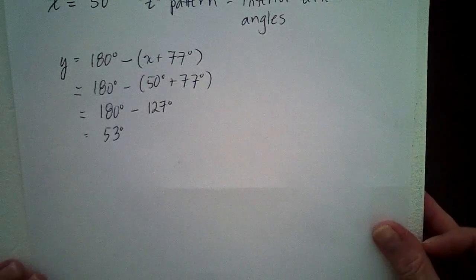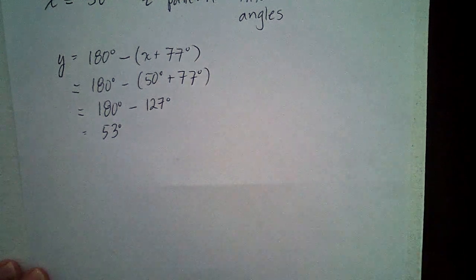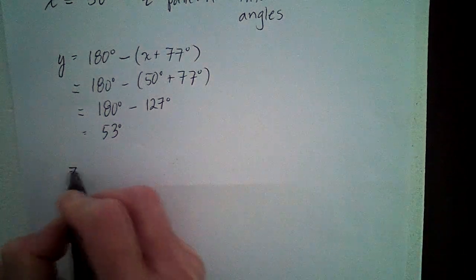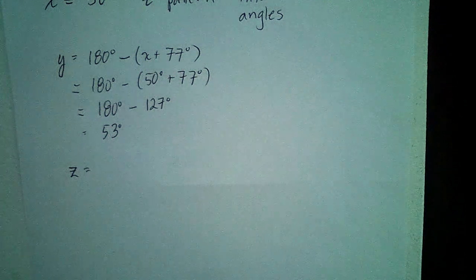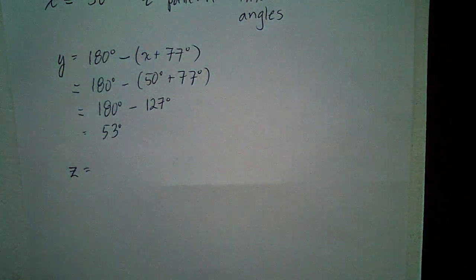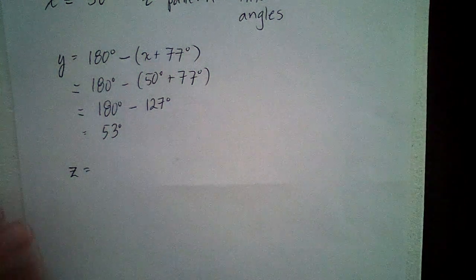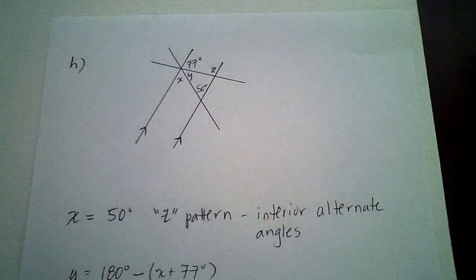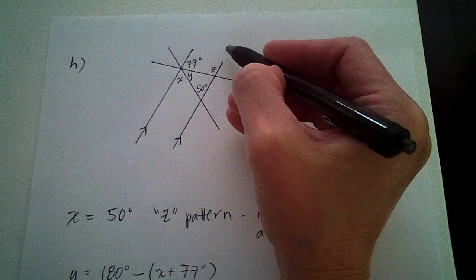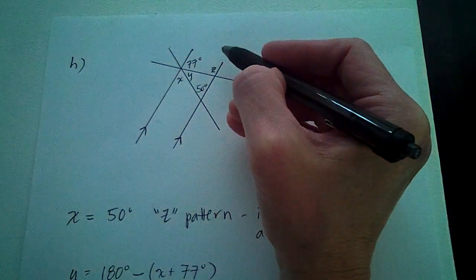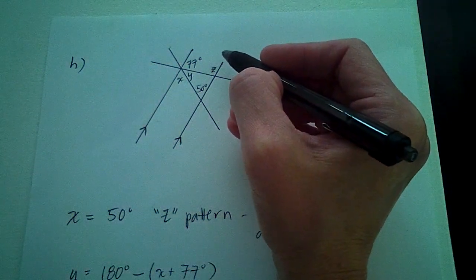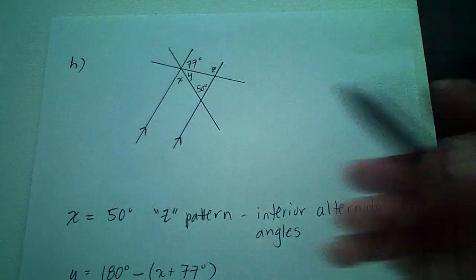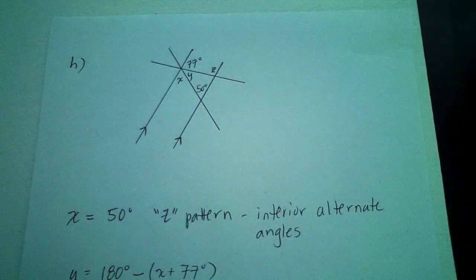Okay, and then lastly, we are going to solve for Z. If you look up here at Z, you can see that it's the C pattern that we mentioned before. Interior angles on the same side of the transversal, and they add up to 180 degrees.